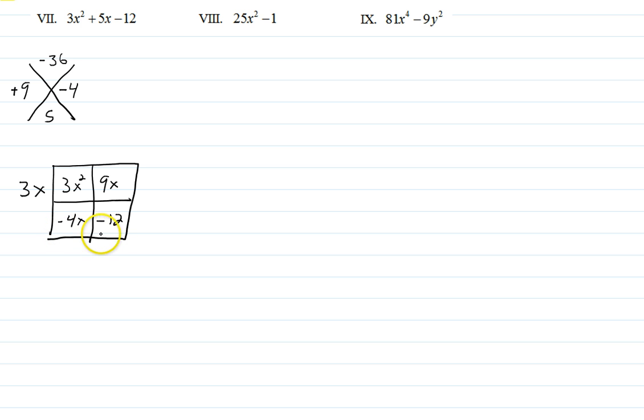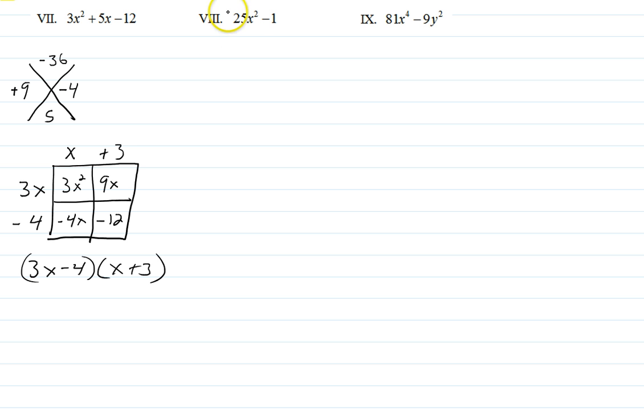So now when we're looking at this, they both have negative, so it means we're going to take out a negative, and 4 goes into 12, so that's going to be my common factor. 3 can't go into 4, but they both have an X. And then the greatest common factor that goes in the 9 and 12 is going to be a positive 3. So I think my answer is 3x minus 4, x plus 3, and then you could quickly check that and it looks like it works.